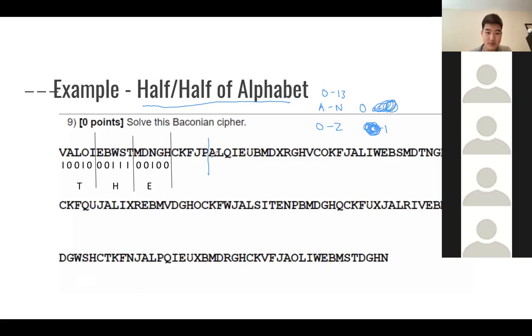Just tell me what numbers I should put in this 5-letter group. Here, actually, I'll just do it this way since it might be a little bit harder to do it all by itself. Is C in the first half or the second half of the alphabet?